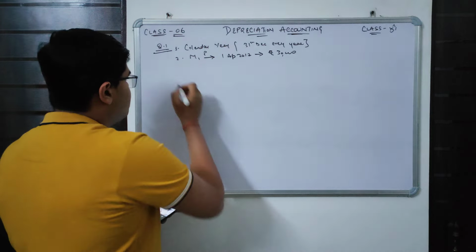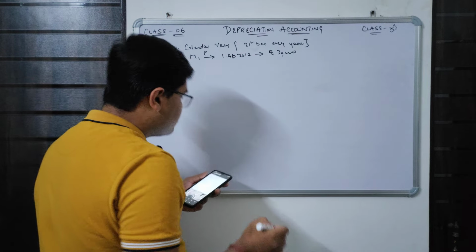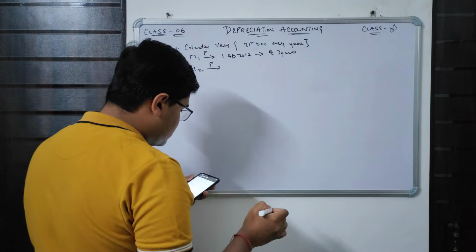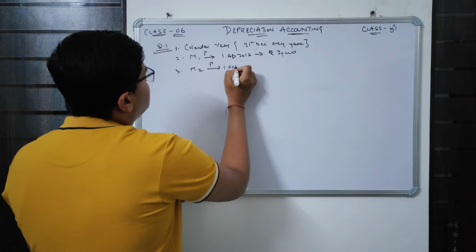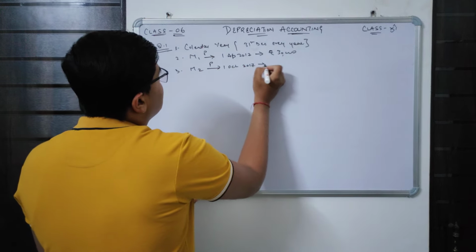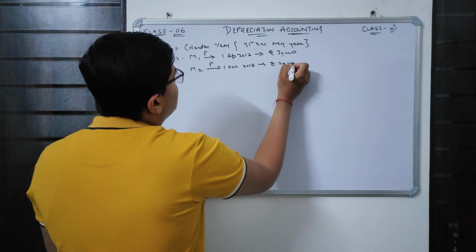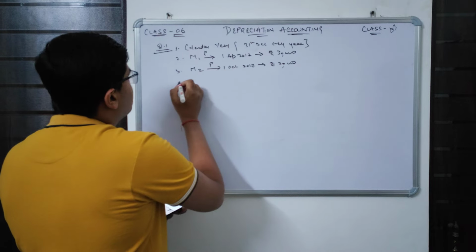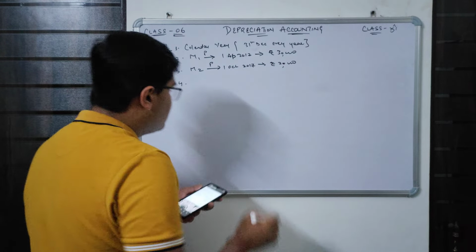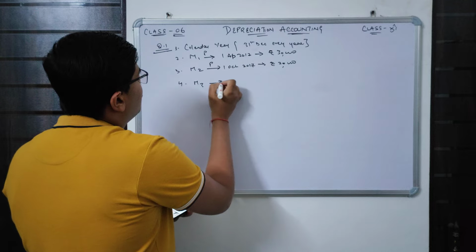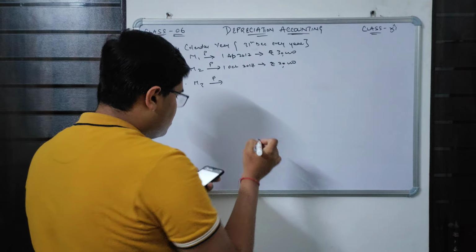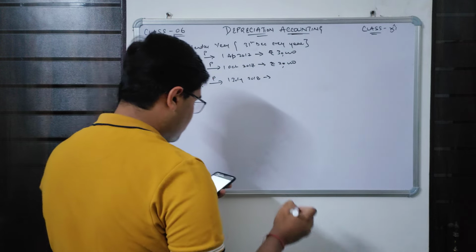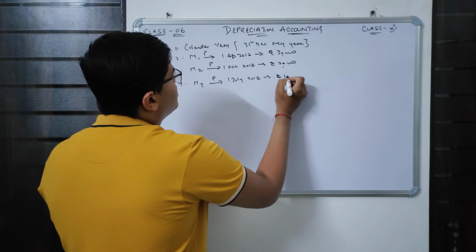Part third of the question is that machinery 2 was purchased on 1st October 2017, and the value is rupees 20,000. Part 4 states that machinery 3 was purchased on 1st July 2018, and the cost is rupees 10,000.